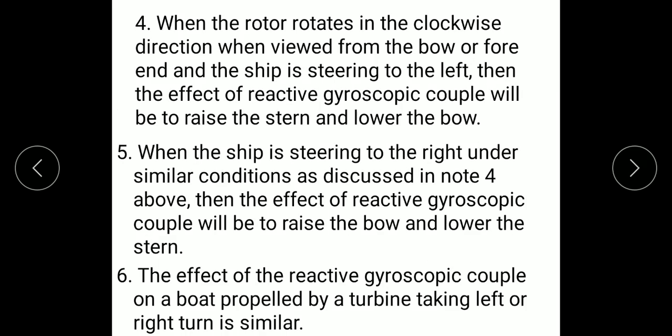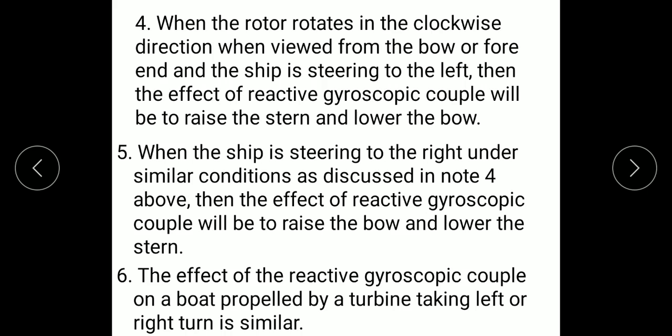Okay, next, when the rotor rotates in clockwise direction when viewed from the bow, or fore end of the ship, and the ship is steering to the left, then the effect of reactive gyroscopic couple will be to raise the stern and lower the bow.